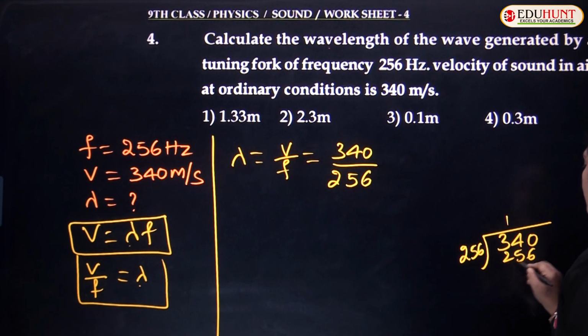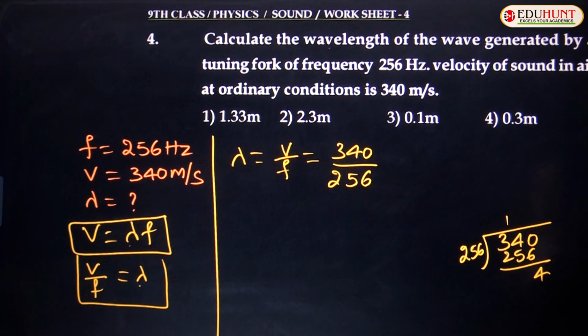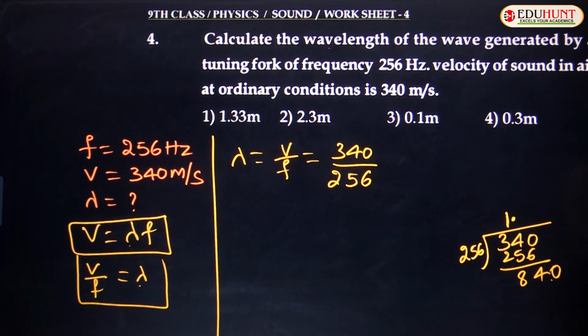And here you have 256. This is 4, and 13 minus 5 is 8. So 256 once, you are getting the remainder 84. For further simplification, you have to keep 0, so you have to keep a decimal somewhere here.